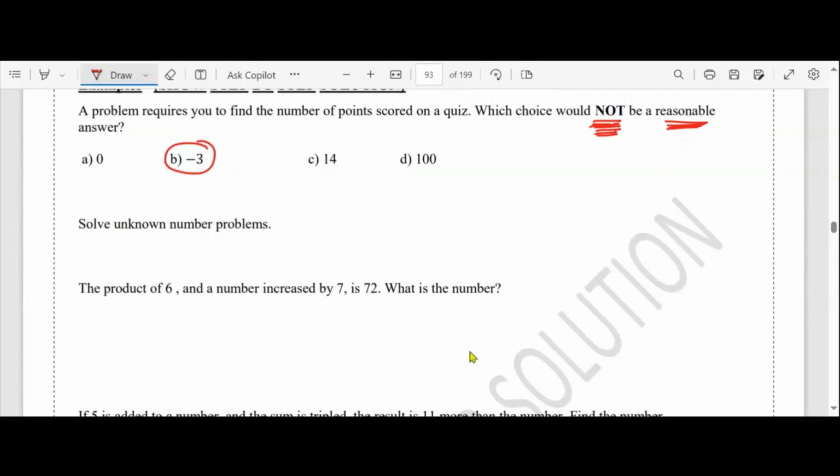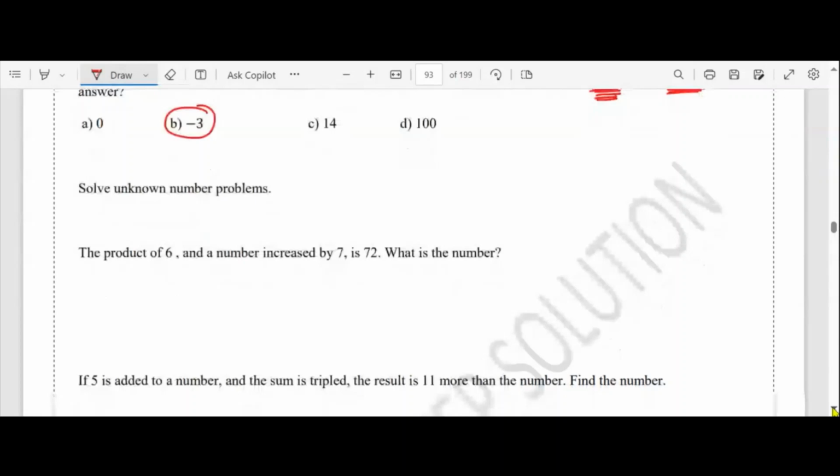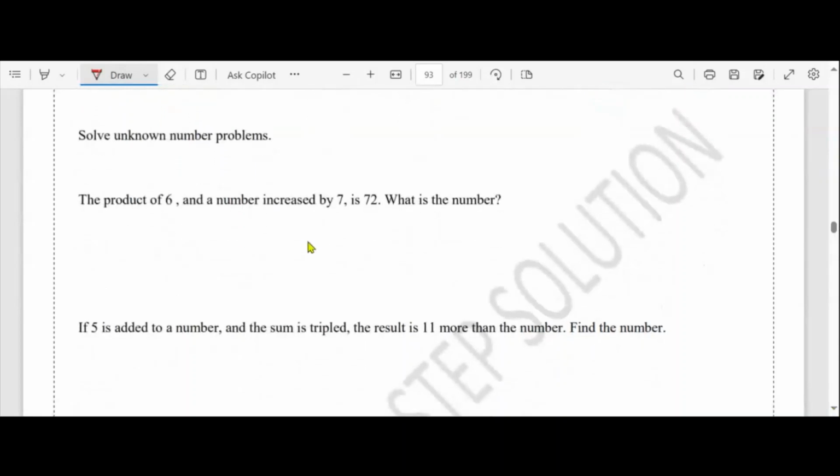Solve unknown numbers. The product, okay, now that's another one. Read, please. The product of 6 and the number increased by 7 is 72. What is the number? If you don't know, first you let the unknown number be X. Let the number that you don't know be X. 6.